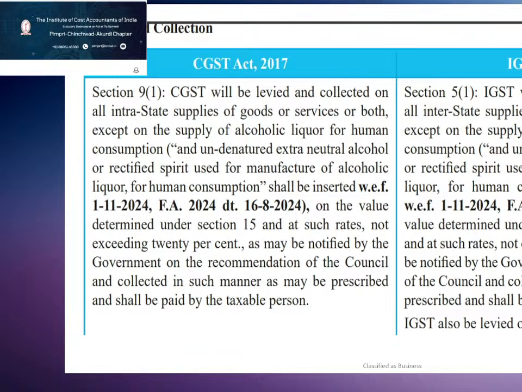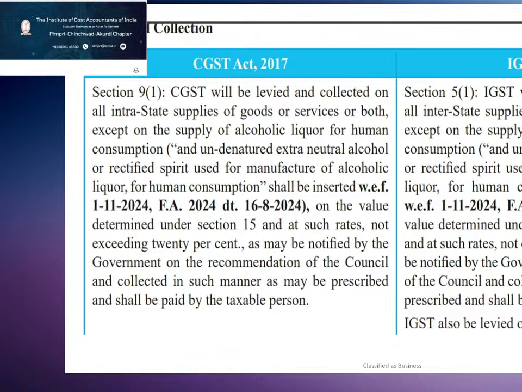Here, if you see, services by a person by way of conduct of any religious ceremony. Under this religious ceremony entry, the marriage rituals which the priest has conducted are also exempted.